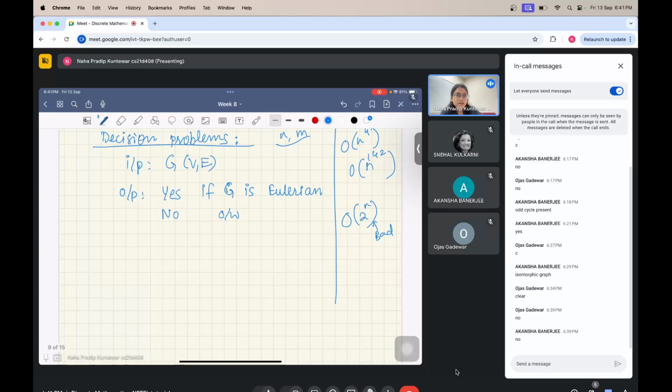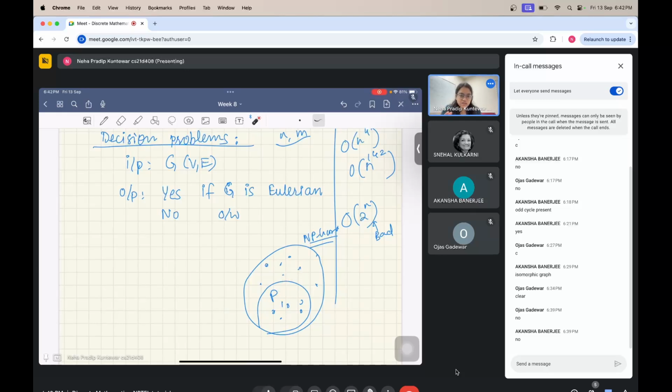Based on that, there are classes. You have a class of problems called P, which have efficient algorithms that you can solve in polynomial time. And then there are problems that are hard. It's okay if you don't know this class and all, but there are problems here which you don't know are hard, but you also don't know an easy solution.